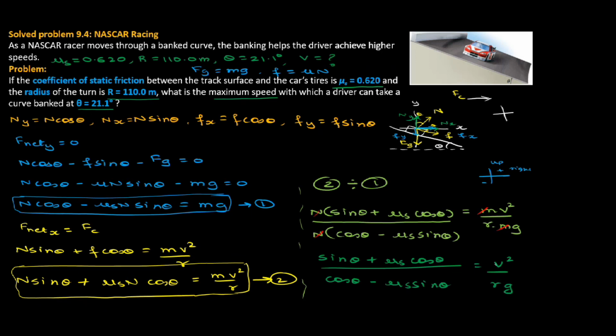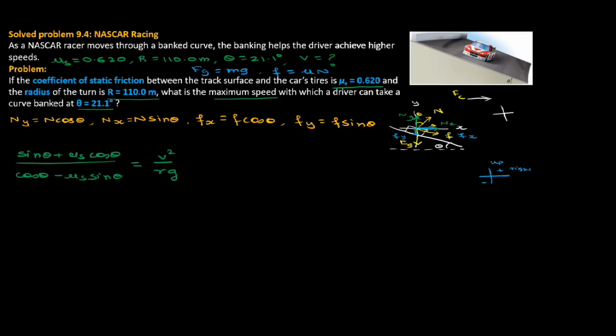Now we need to find v from this expression. You can either use shift solve on this equation to calculate for v, substituting all the values given, or we can rearrange the terms and then solve for v. When I rearrange, I need to keep v squared alone on the right hand side. In order to do that, I'm going to multiply with r g on both sides.